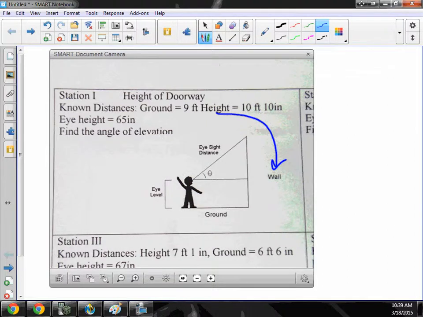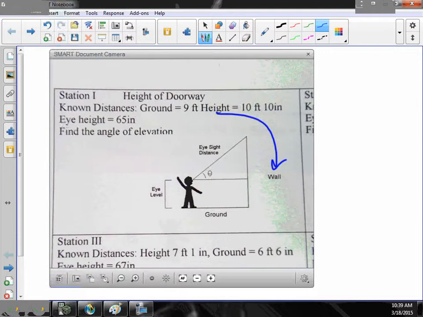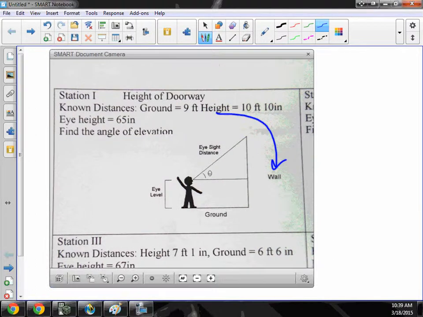So what is 9 feet in inches? What's 9 times 12? 108. So this is 108 inches. The height of the wall is 10 feet 10 inches. How do you convert 10 feet 10 inches into inches?